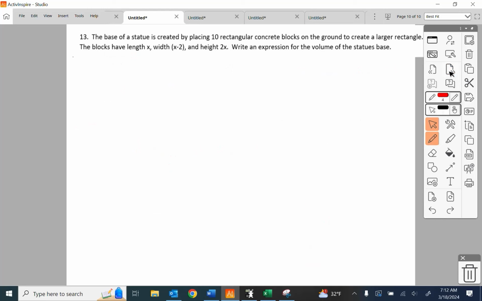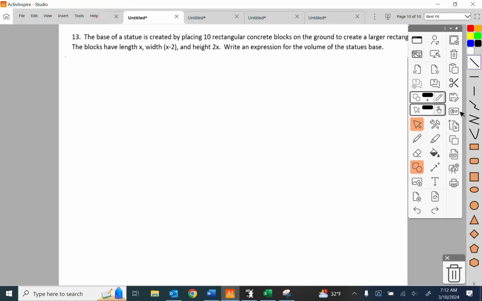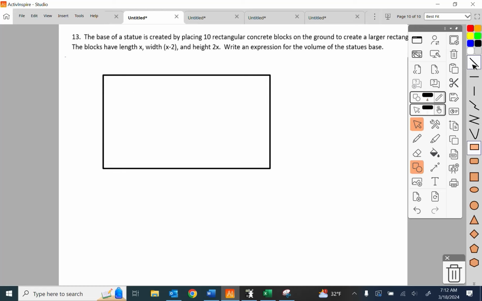The base of a statue is created by placing 10 rectangular concrete blocks on the ground to create a larger rectangle. So a large rectangle has been created by taking 10 of them.